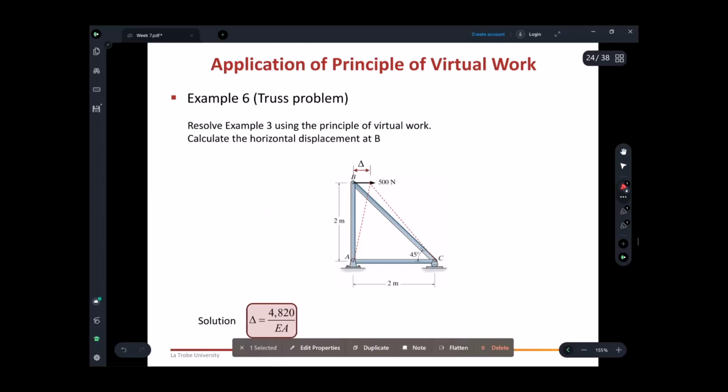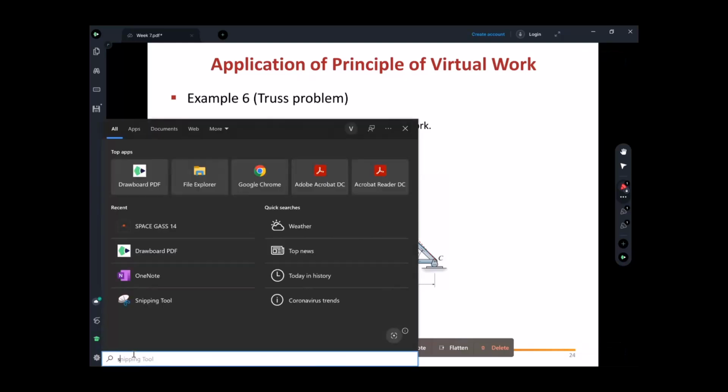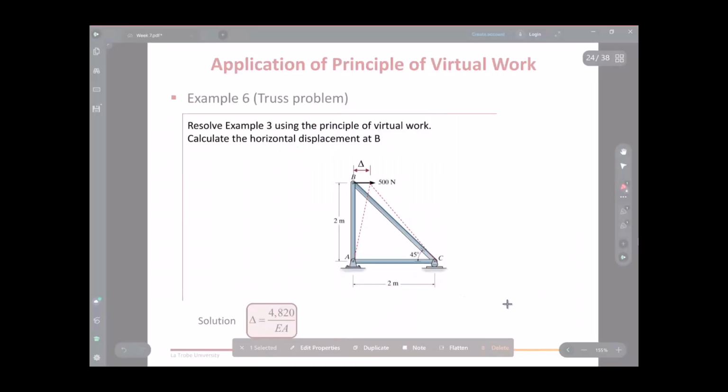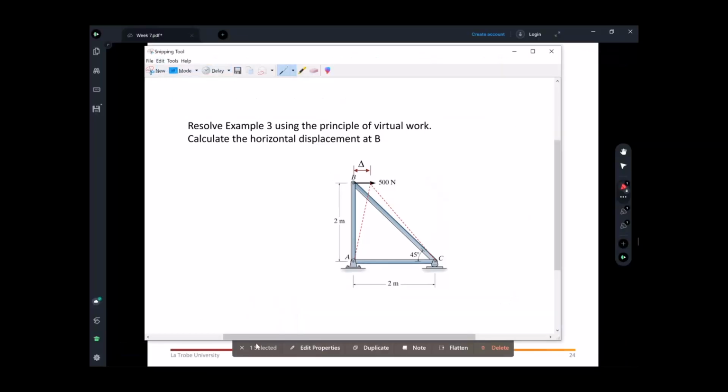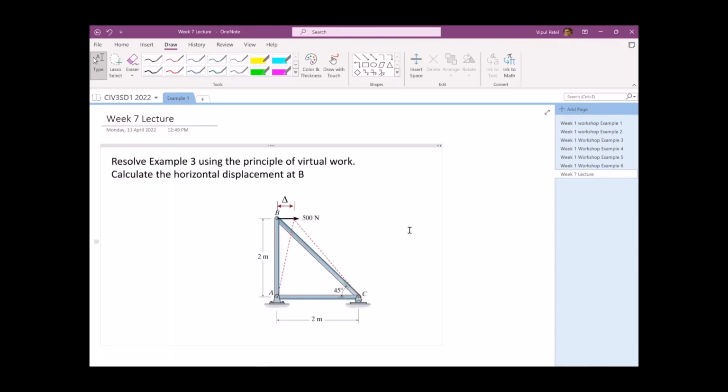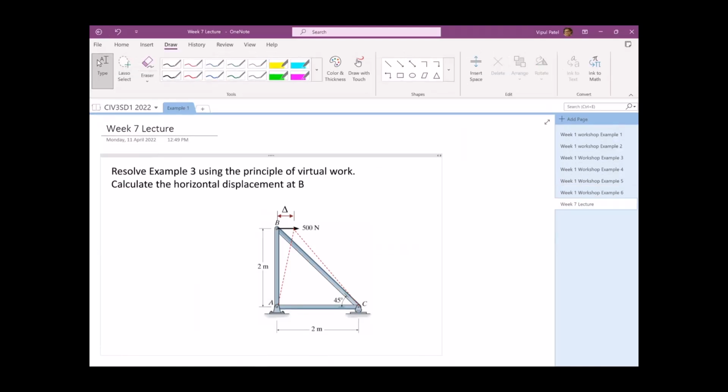So let's solve this example by writing it out, not just walking you through, so it will give you more insight into the example. And I am also going to show you Excel as well. We can use the Excel sheet to do some of the calculations.